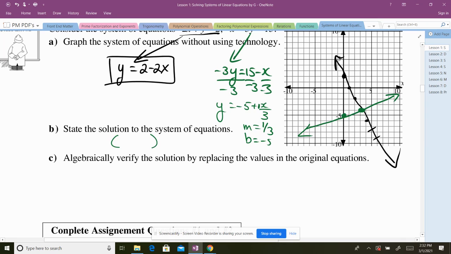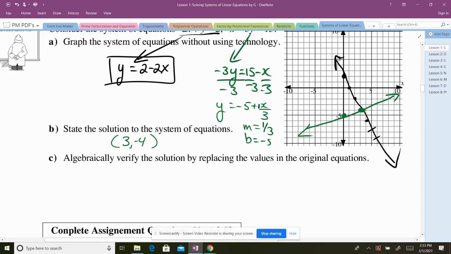So this has the solution of 3 and negative 4. All right. Are there any questions about that so far? Sketch the graphs, where they intersect, that's your answer.